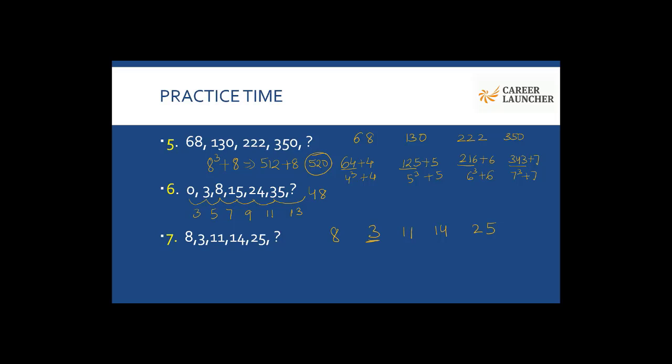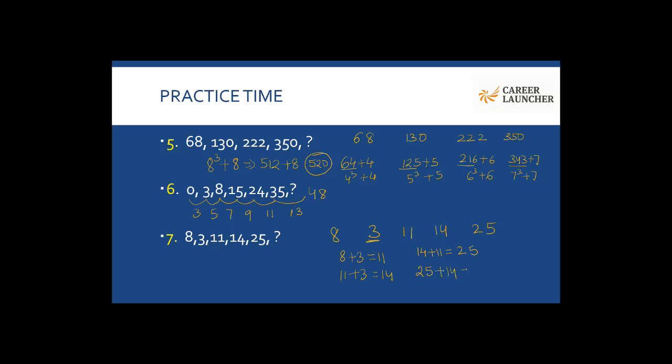But if we observe the pattern, then we can see 8 plus 3 is 11. 11 plus 3 is 14. 14 plus 11 is 25. So the next number should be obtained by 25 plus 14.